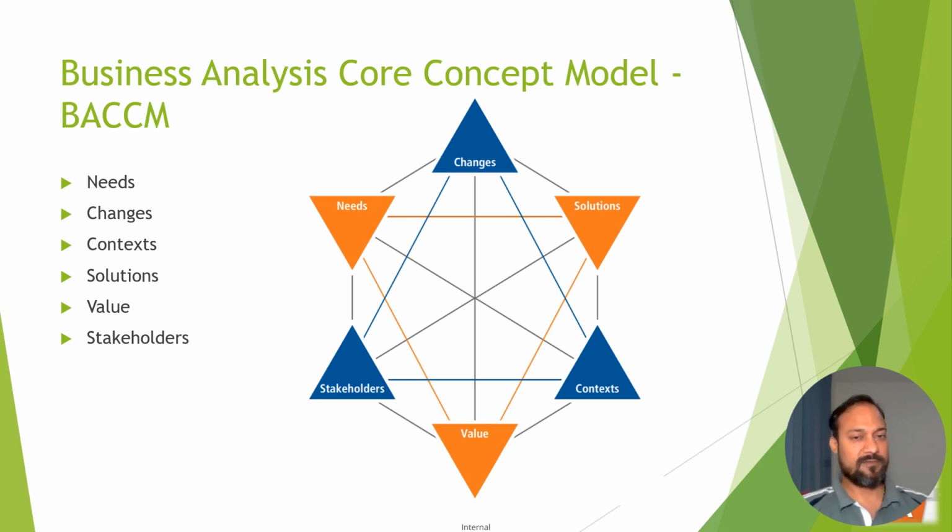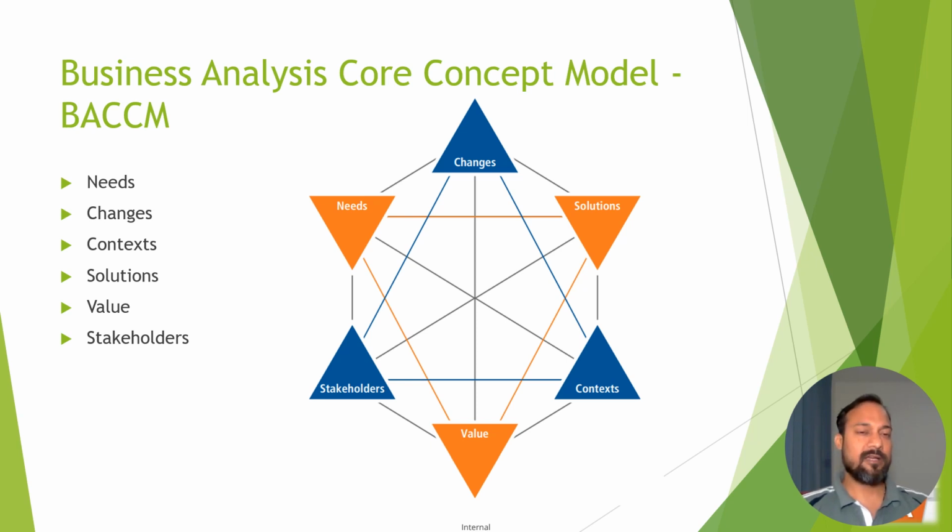The first one is the needs, the second one is the changes, then the context, the solutions, value, and the stakeholders. All those six factors are very interrelated. So if there is a change in one factor, that will definitely impact the other five factors.